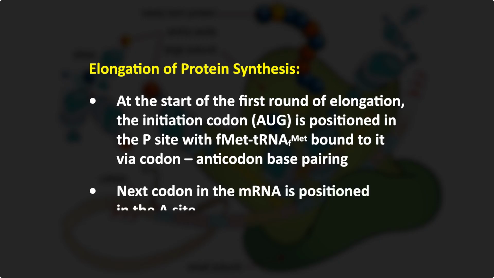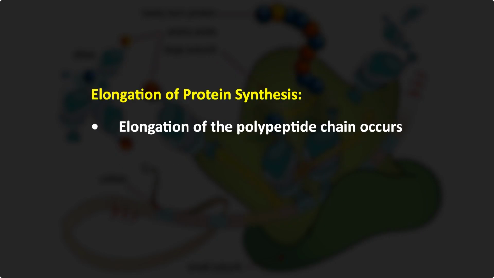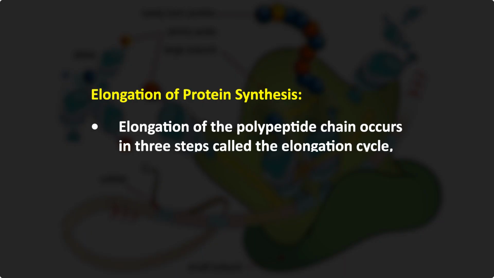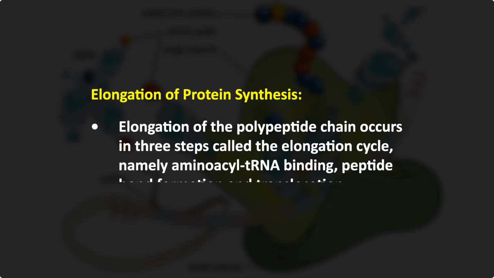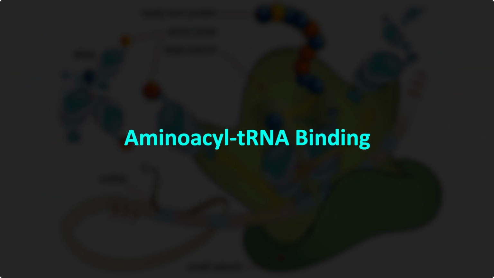The next codon in the mRNA is positioned in the A site. Elongation of the polypeptide chain occurs in 3 steps called the elongation cycle, namely amino acyl tRNA binding, peptide bond formation, and translocation. Let's start the first one, amino acyl tRNA binding.